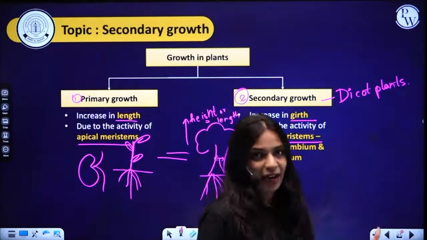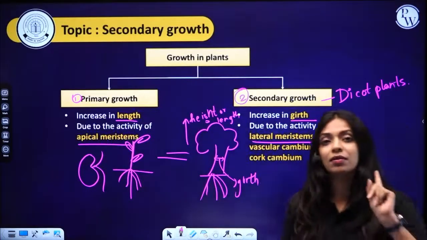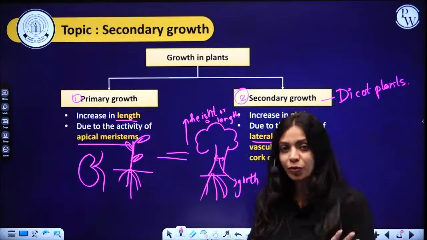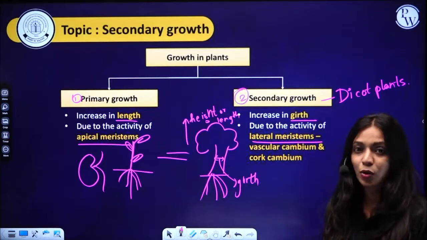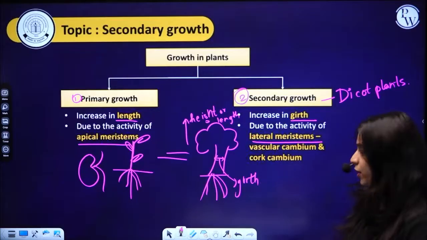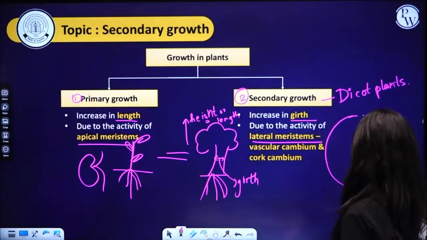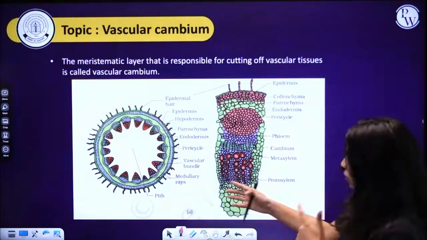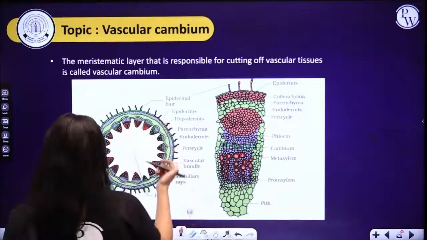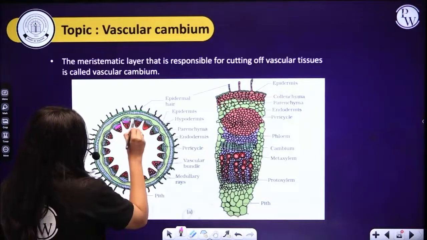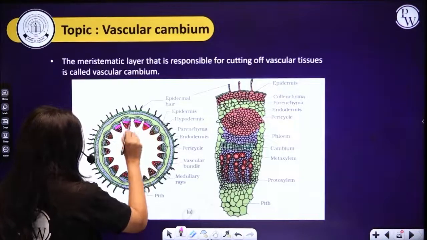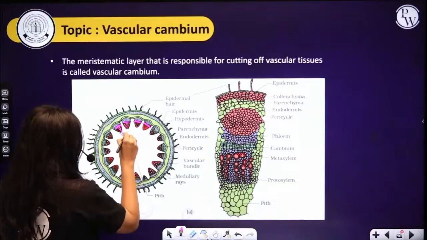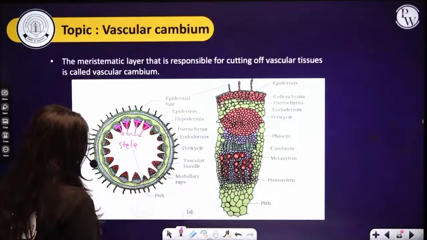For that, I want you to recollect the section of dicot stem as well as dicot root as we go forward. But for now, I want to tell you that this secondary growth in the stem occurs in two areas. If you think of this as a section of a dicot stem, over here cambium is present within the stele. Because of the activity of this cambium, secondary growth will take place.